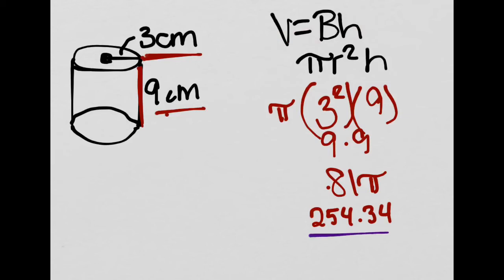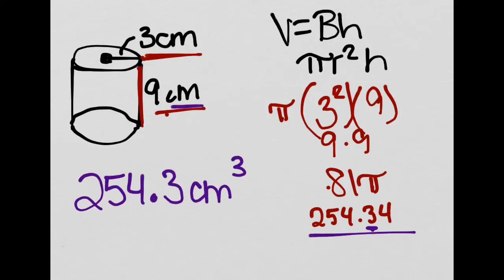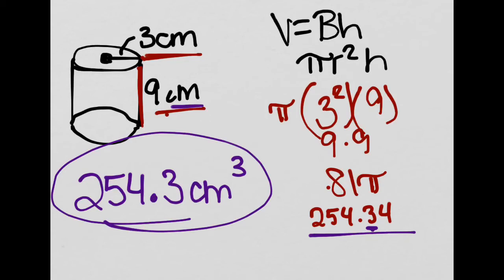So we have 254.34. It does again say to round to the nearest tenth. So I'm going to look at this number and the number after it. That number is less than 5, so I'm going to keep it at 254.3. My label was centimeters, so it's going to be centimeters cubed. So our volume of this cylinder is 254.3 centimeters cubed.